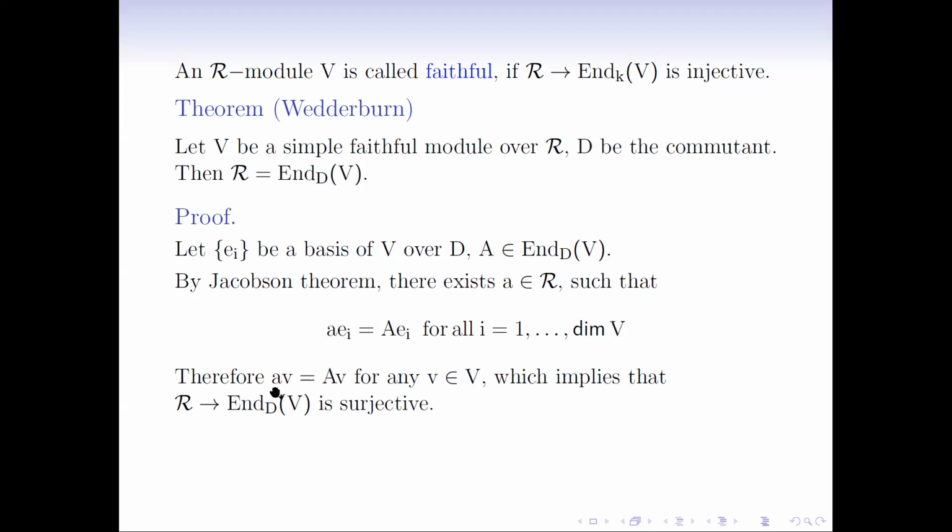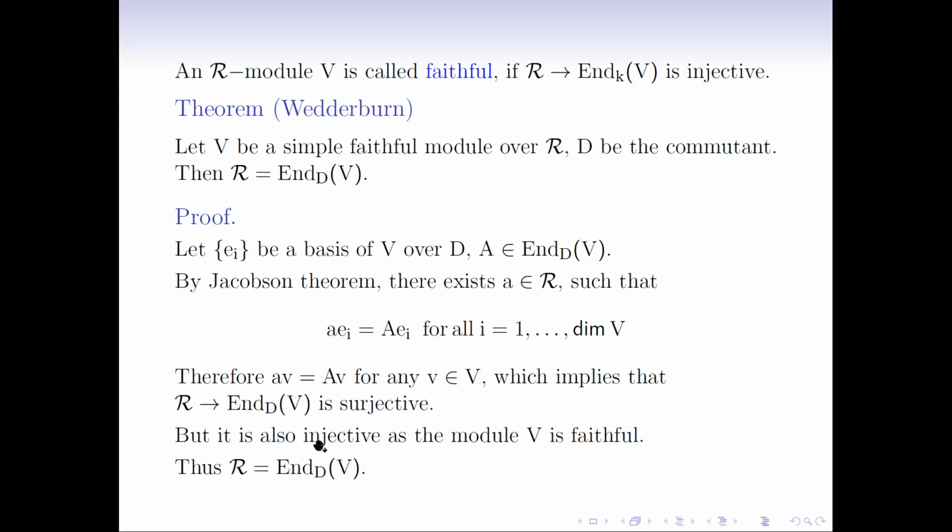It means that A applied to any vector is the same as A capital applied to any vector. And this means that A small coincides with A capital. It means that every A capital inside the double commutant coincides with some element A inside R. It means that R coincides with the double commutant. It means that, as we imposed, the map from R to endomorphisms over K of V is injective. So in fact, R is the same as endomorphisms over D of V.